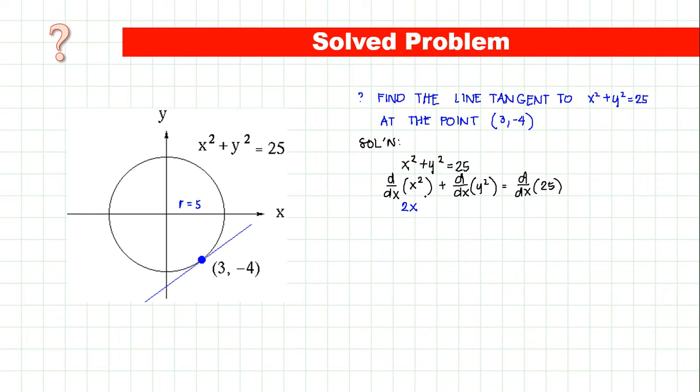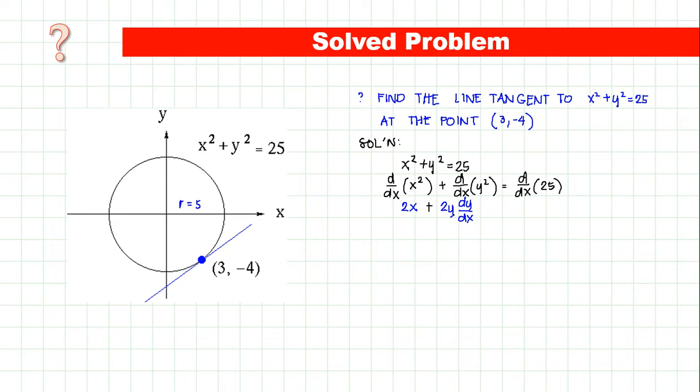Plus, ano ngayon ang derivative ng y squared with respect to x? That will be 2y times the derivative of y with respect to x. So, chain rule ito, no? Isipin nyo lang, nag-derivative tayo ng u, nagle-let tayo ng ibang variable, and then meron tayong karugtong na derivative of that particular variable, no?